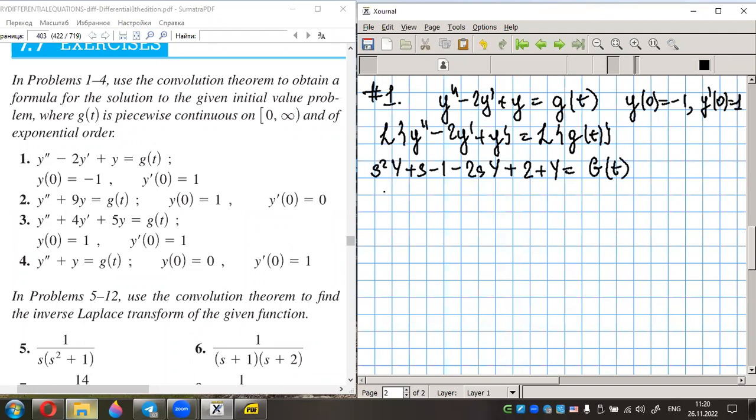Okay, s squared minus 2s plus 1 times y equals g minus s minus 1, and y equals g minus s minus 1 over s minus 1 squared.